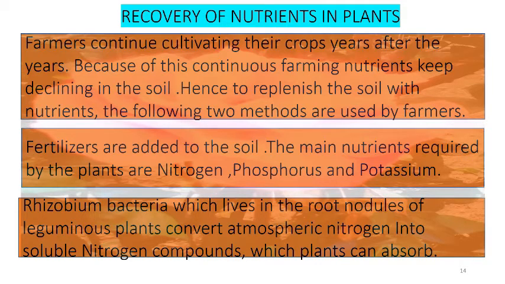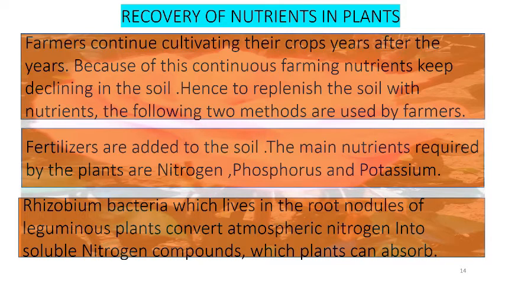The plant nutrients are replenished in the soil in the following two ways. The first way to replenish the soil is by adding fertilizer to the soil. These fertilizers contain nutrients like nitrogen, phosphorus and potassium, which are mixed with the soil, and plants can absorb these nutrients directly from the soil and use them.